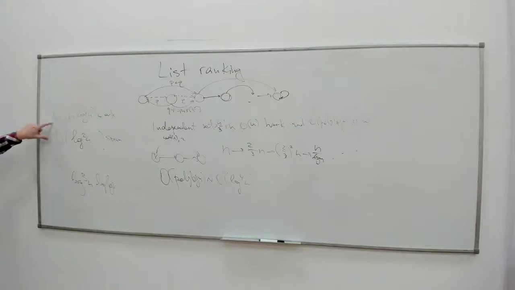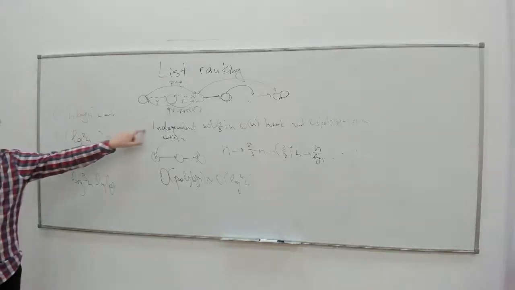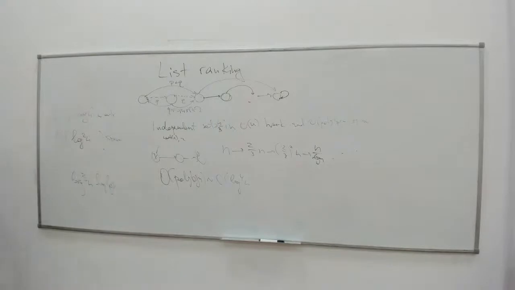The binary jumping technique has almost no constant there, while symmetry breaking is comically worse. So that's an example of an algorithm where accelerating cascades make sense.